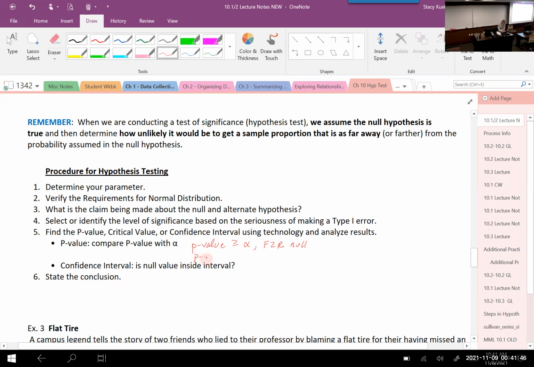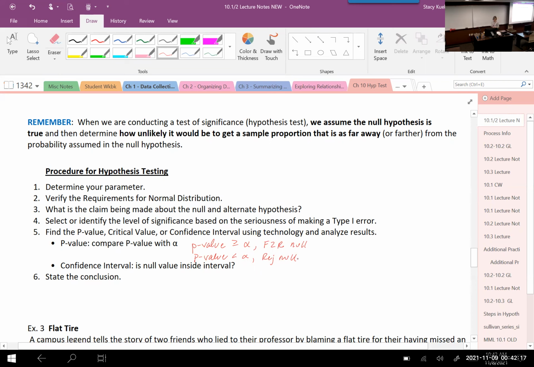If our p-value is less than alpha, then we reject the null. We say the null can't be that way. We'll talk about stating the conclusions as we get towards the end of this.